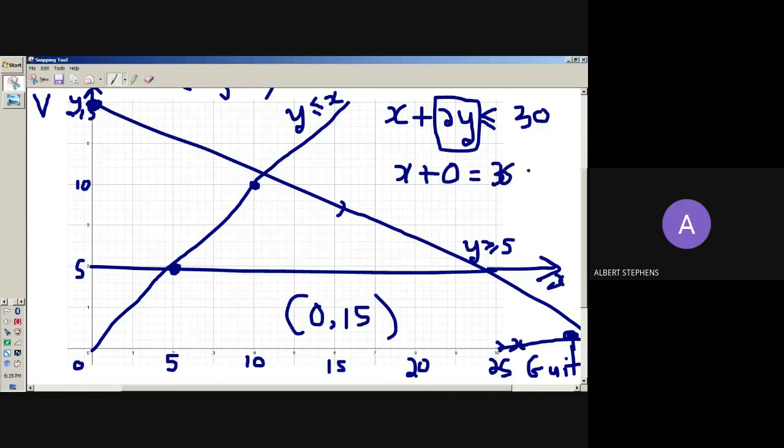Let me write properly because it looks like 36. So we have another point: x is 30 and y is 0. So our 2 points are 0, 15 and 30, 0. See I plot it there? It's 15 on the y, 30 on the x. I hope you guys are following.